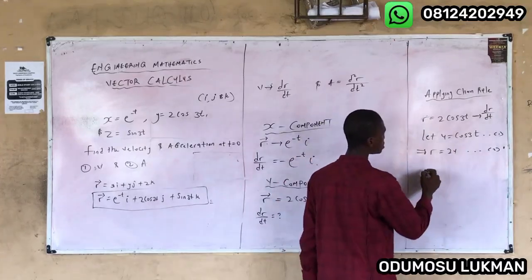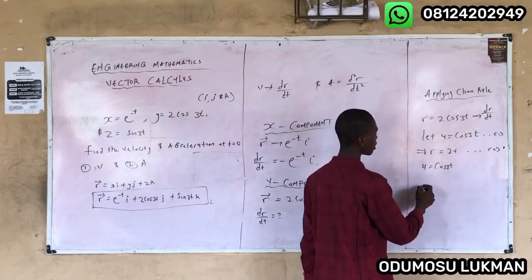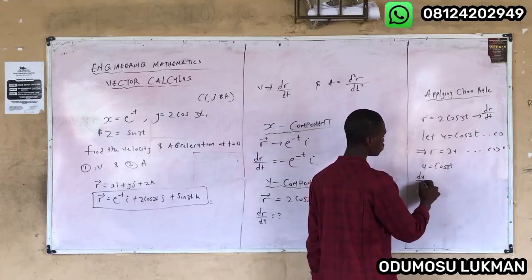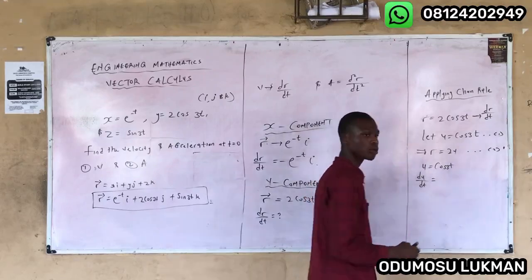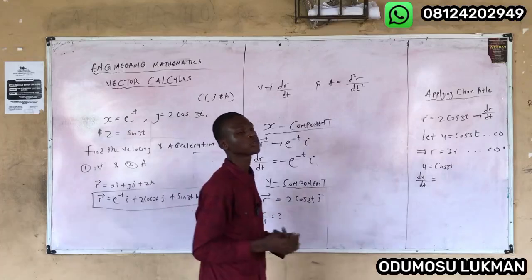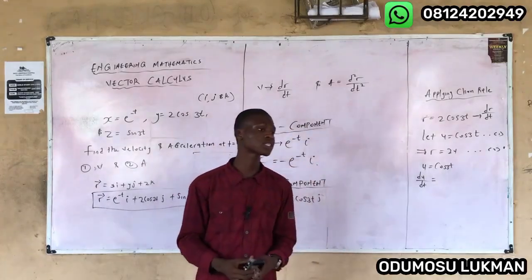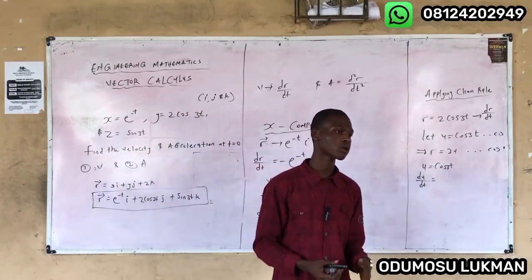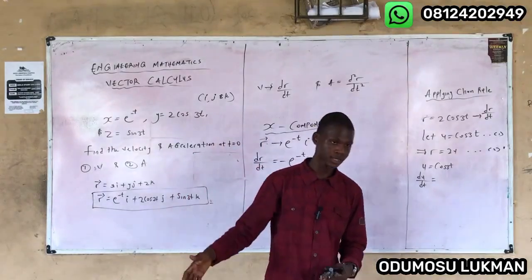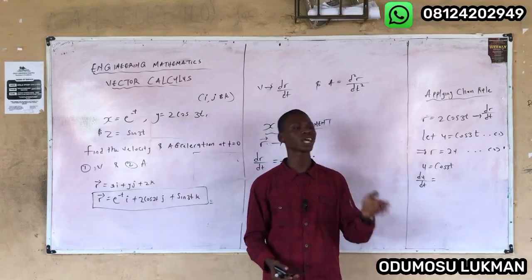From the first one, u equals cos 3t, how do I get du/dt? The rules of differentiation are that differentiating sine x gives cos x, and differentiating cos x gives minus sine x.